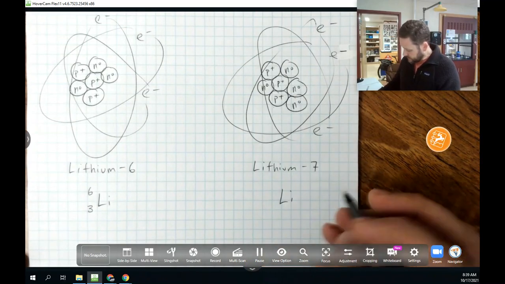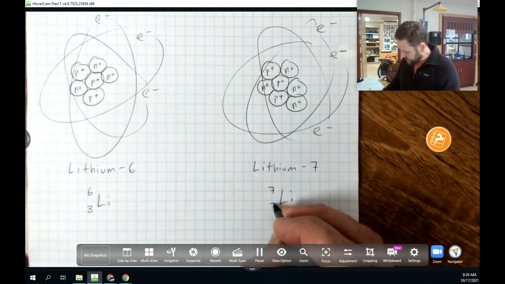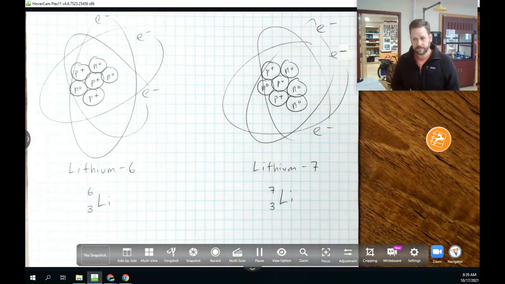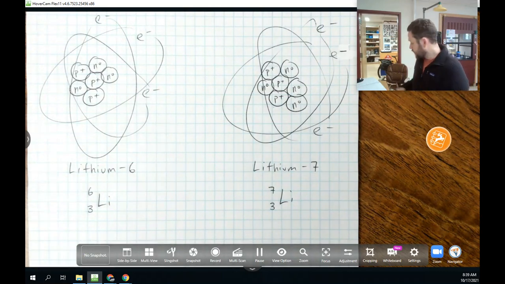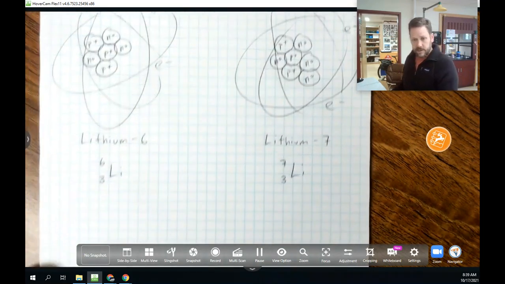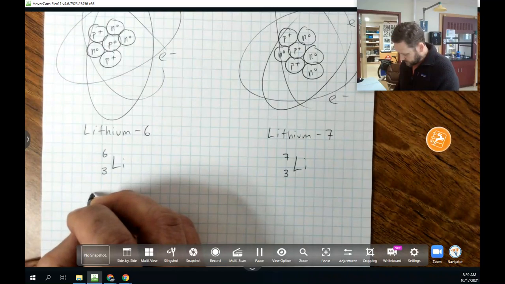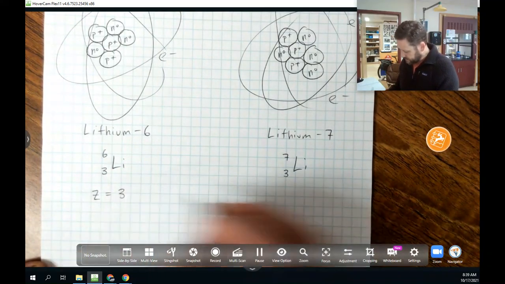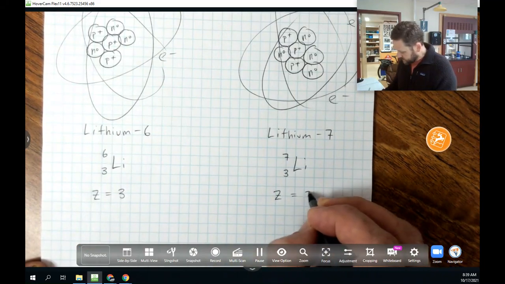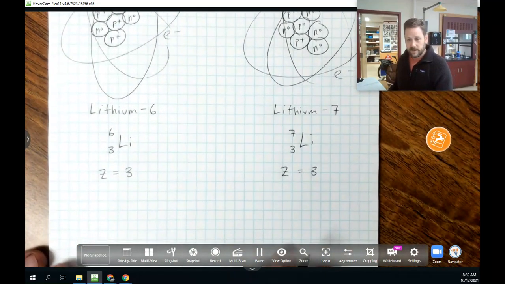And over here, lithium 7 has a mass number of 7 and an atomic number of 3. Notice that the atomic number we've already learned is given the symbol Z. And for both of these, Z equals 3, because if it didn't, then we wouldn't be talking about lithium.